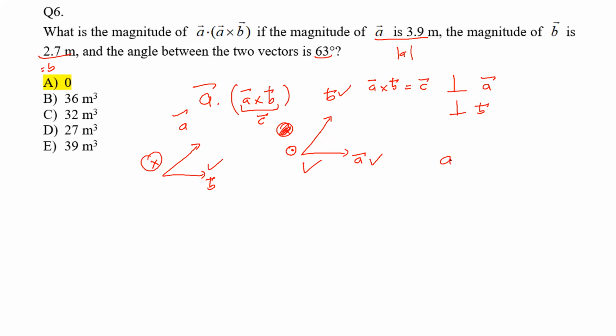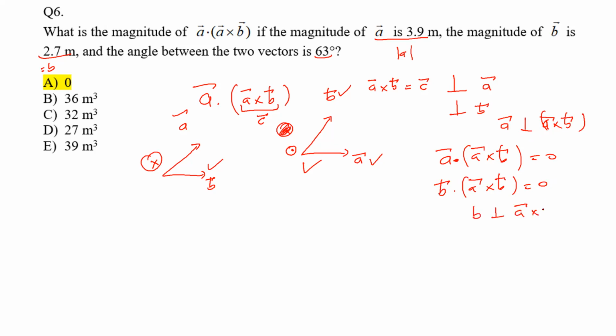So A dot A cross B is equal to 0, because you have 90 degrees between A and A cross B. The same thing, B dot A cross B is equal to 0 because B is perpendicular to A cross B, which is C basically.